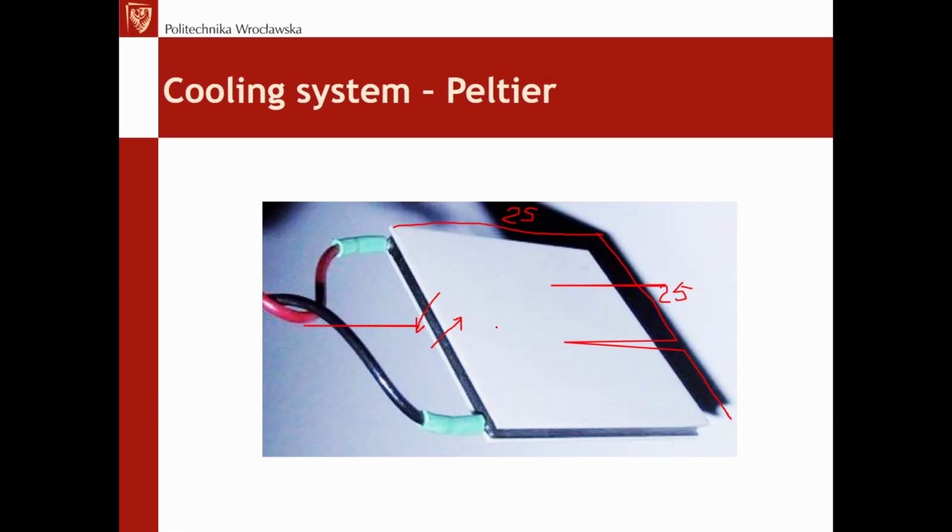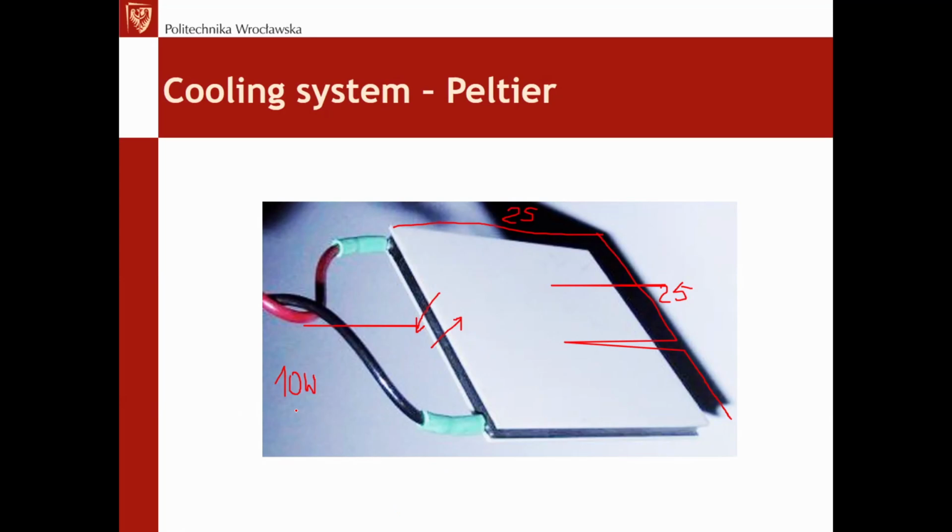Then how much heat can it pump out? For those 25 by 25, the range is about 10 watts. That's about the amount of energy you can try to pump out and pump in, because of course it works in both directions. Of course, this is reduced by the efficiency, so the possible heat pumping power is reduced.